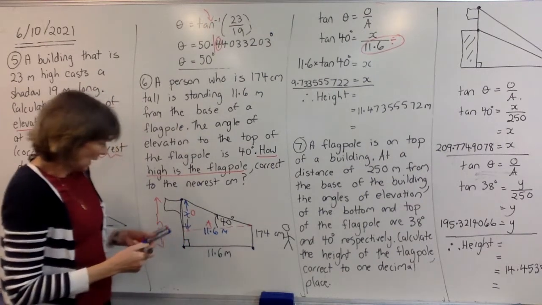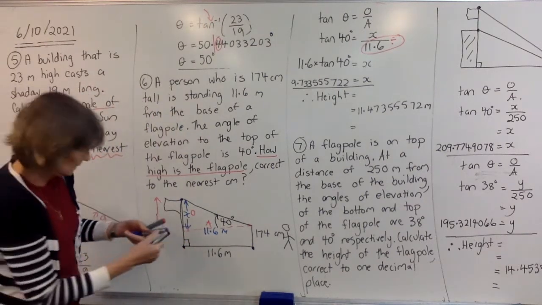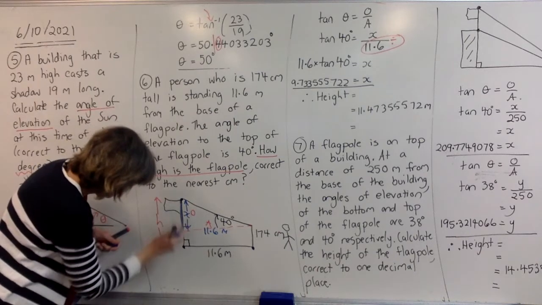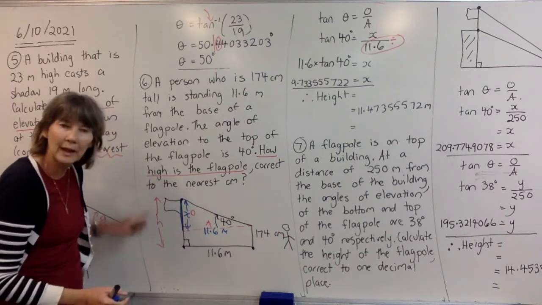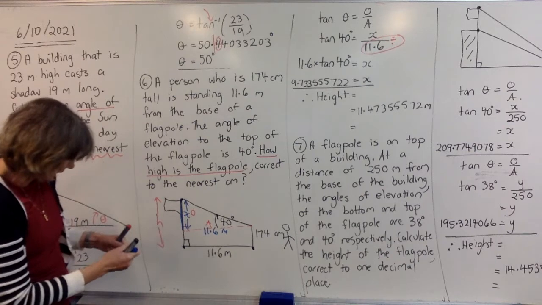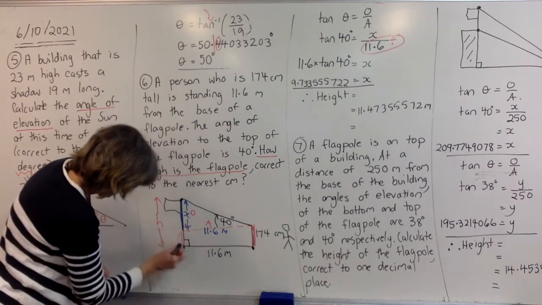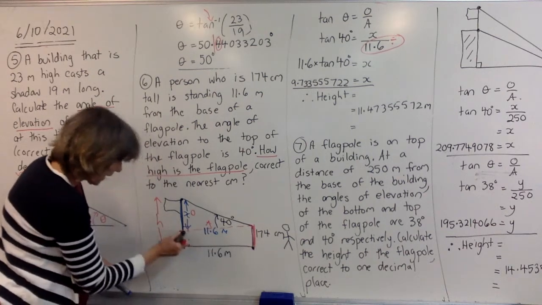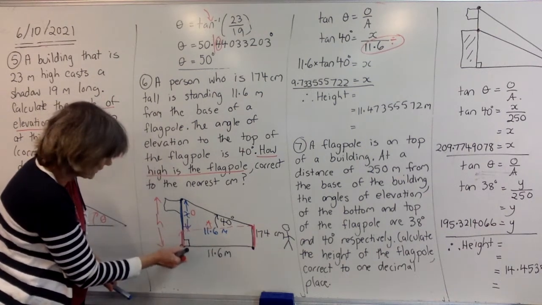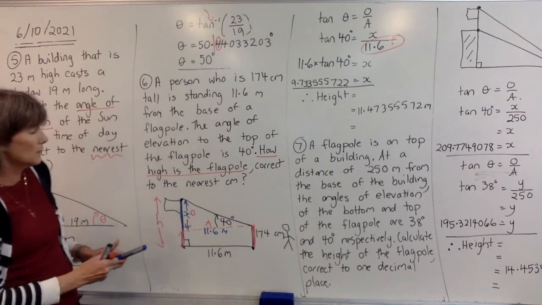Now, to find the height, we've just found what x is, right? So we've found this bit. How are we going to find the height of the flagpole? Can you see that we're actually going to add on this bit? So we're going to add his height, 174 centimetres, to the x that we've just found.